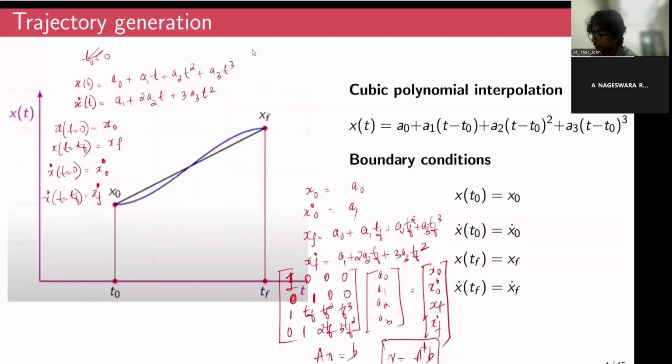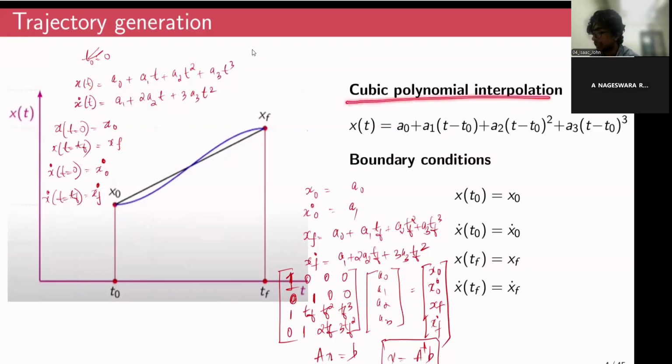Once you substitute the values of these coefficients into the actual trajectory, you will be able to find the numerical value of the corresponding variable at any time t. We'll see that while we are solving some problems. That is how the trajectory is generated using a cubic polynomial.